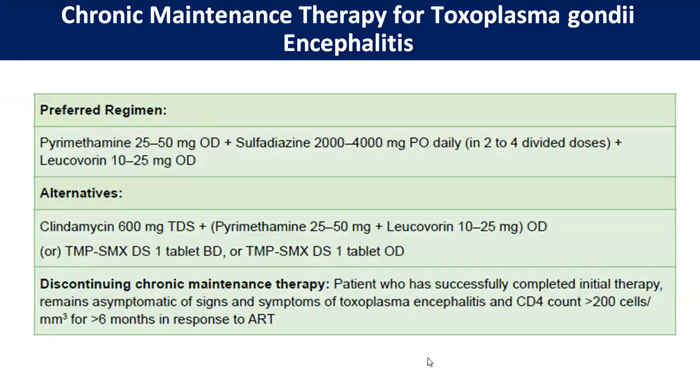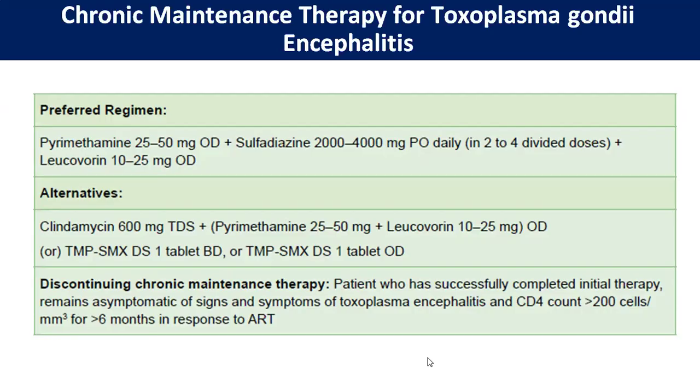This is the preferred regimen: pyrimethamine, sulfadiazine, and leucovorin. Alternatives are clindamycin, leucovorin, pyrimethamine, or trimethoprim sulfamethoxazole double strength one tablet twice daily, or trimethoprim sulfamethoxazole double strength one tablet once a day.